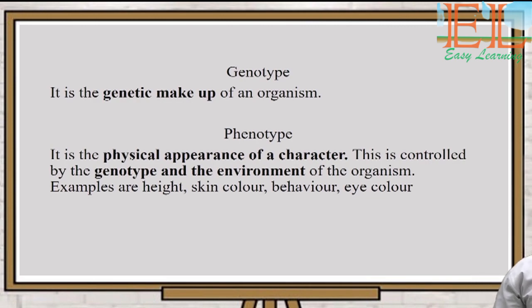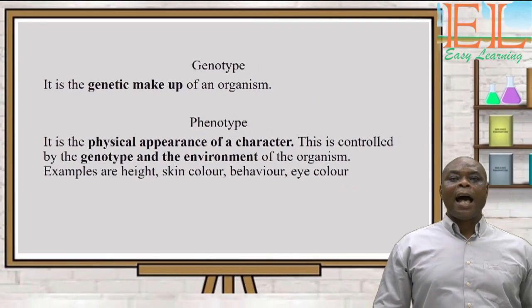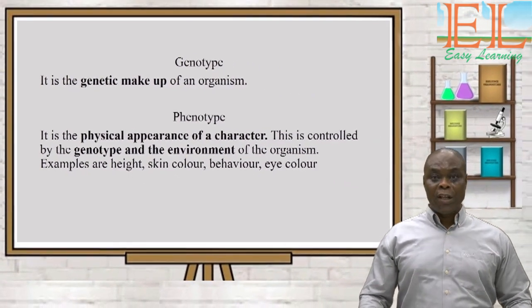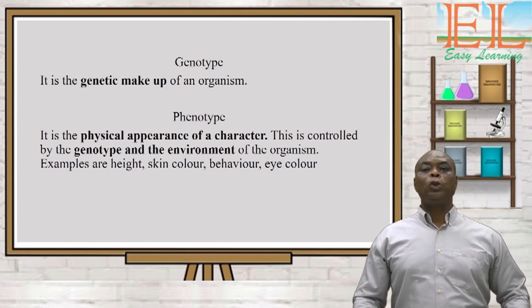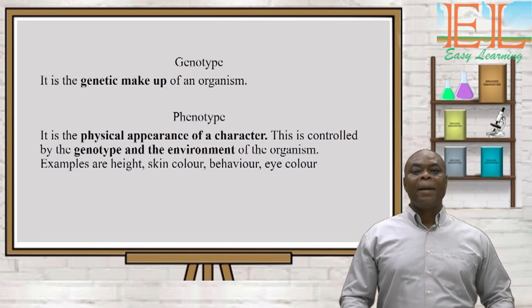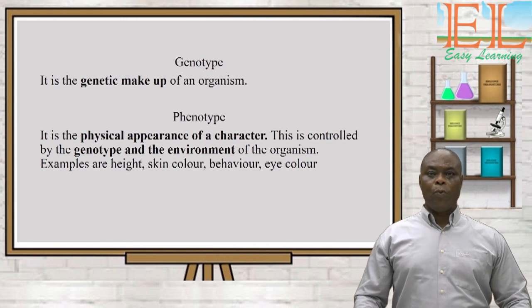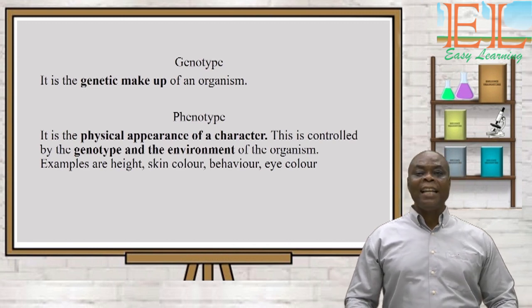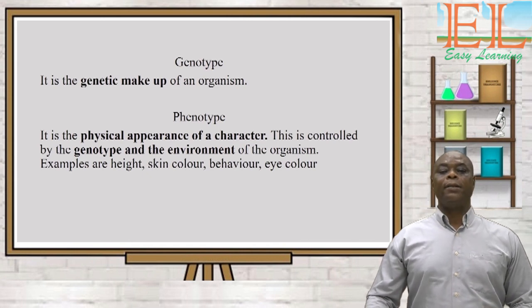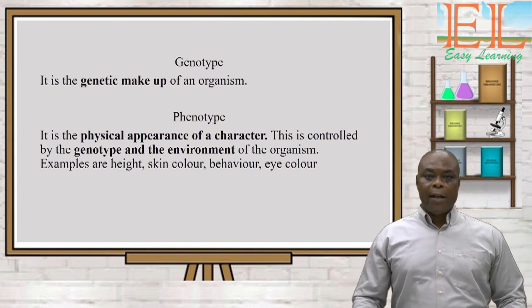For example, we have height. Height is controlled by a gene as well as the environment. You receive a gene for shortness or tallness, but if you are not fed well, which is environmental, you will not achieve the height that you should get. Again, we have skin color.